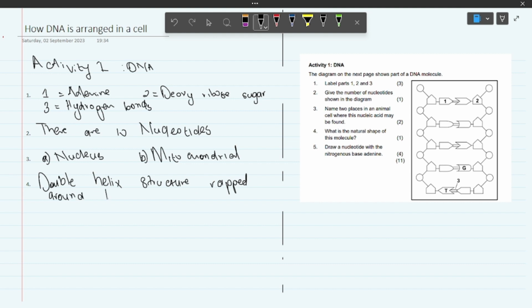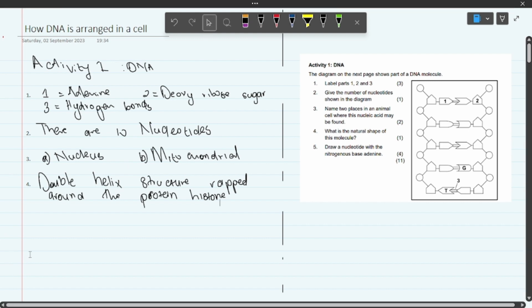Okay, so let's do the last question. Let's do number 5, which is the last question. The last question says, draw a nucleotide with the nitrogenous base at 9.